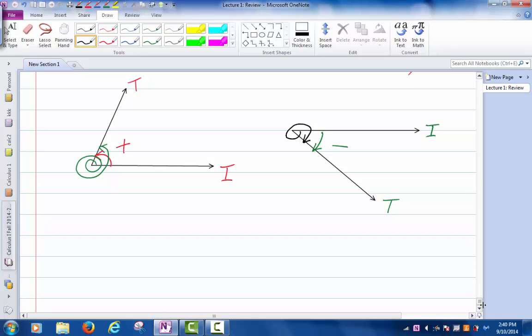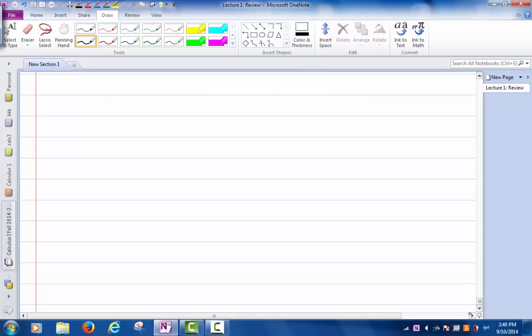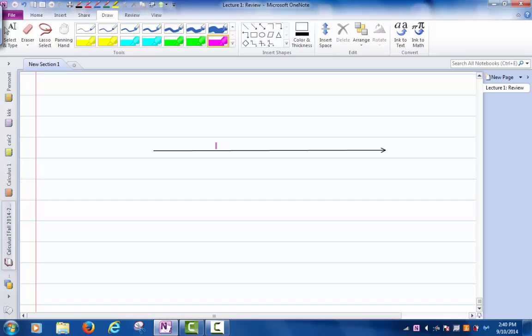What is the degree measure of angles? So let's say this is the initial side, and you revolve the terminal side. One complete revolution. Then you come back to the initial side, right?